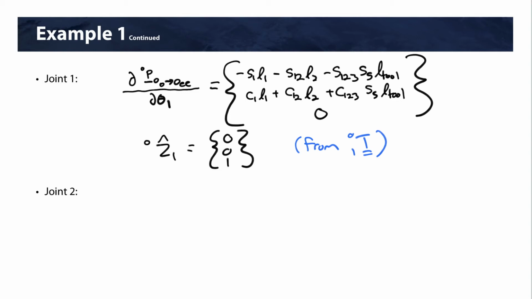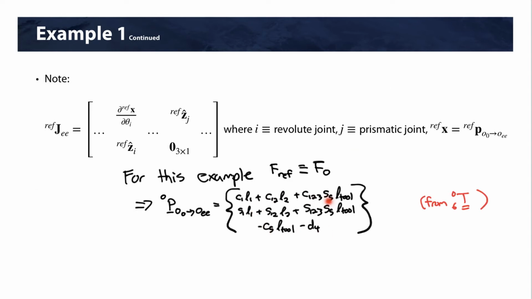All right, so we're going to take the partial derivative of our position vector now with respect to theta 2, our second joint variable. So we go back to here, we're going to do the partial derivative of this now with respect to theta 2.